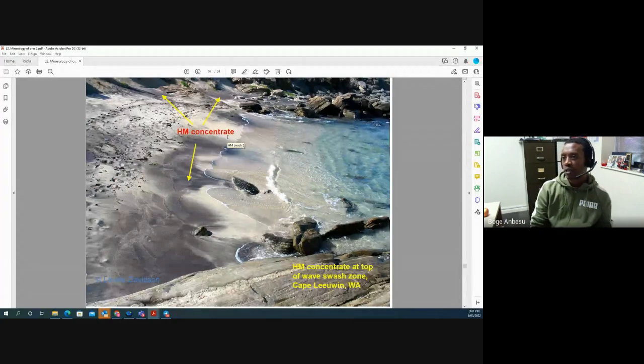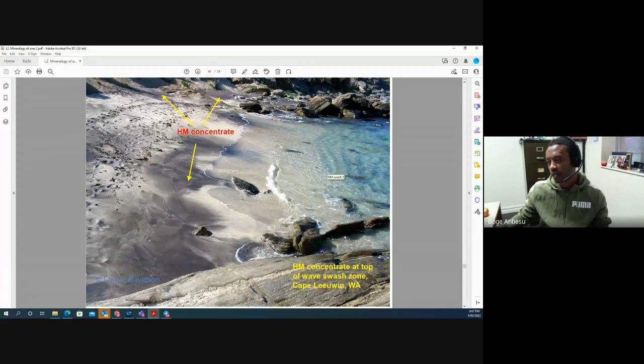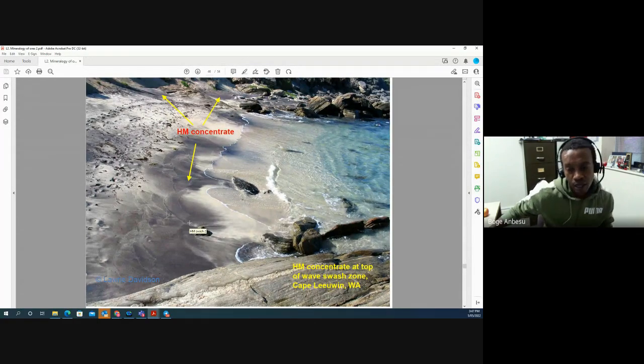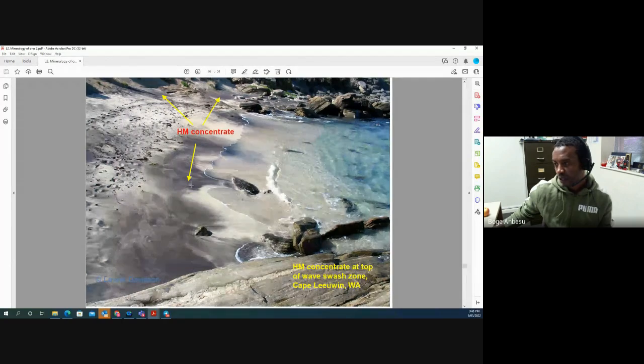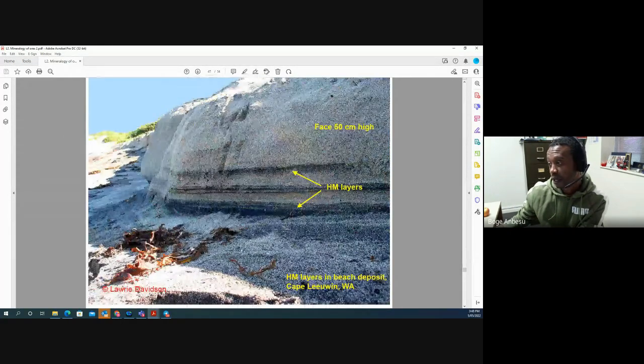Okay, here is a photo showing you accumulation of heavy mineral sands happening even to the present day. The ones shown in dark are the accumulation of heavy minerals in the seashores. I don't know if you see it very clearly, but this is a picture taken from Western Australia, and I think I have another one here where you can clearly see a very thick layer of heavy minerals accumulating in the seashores, and the white stuff there is sand, which is silica.